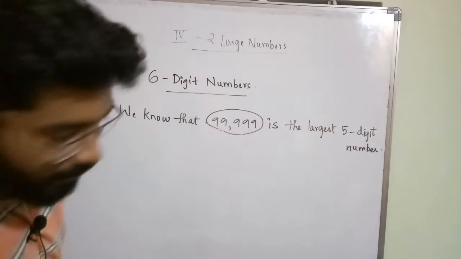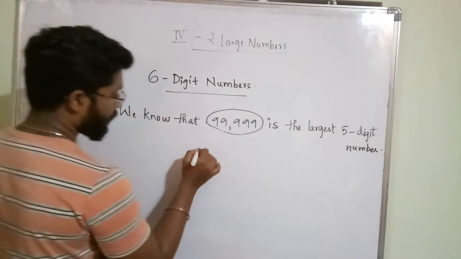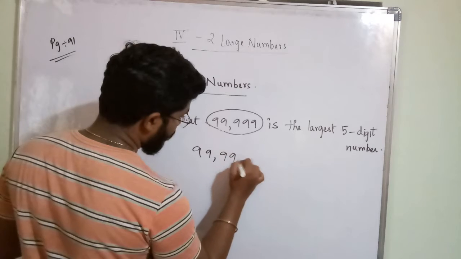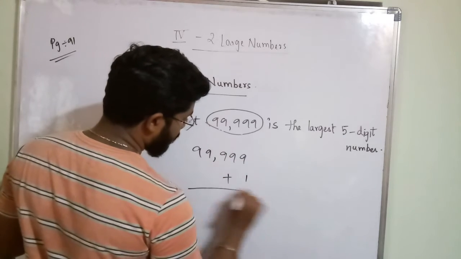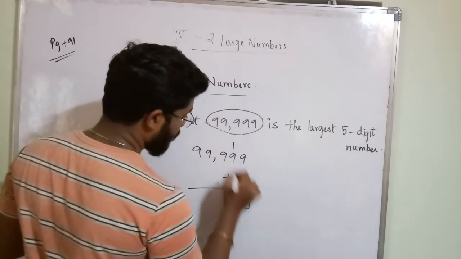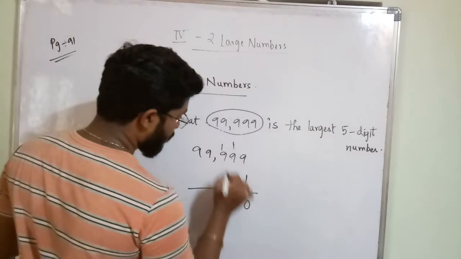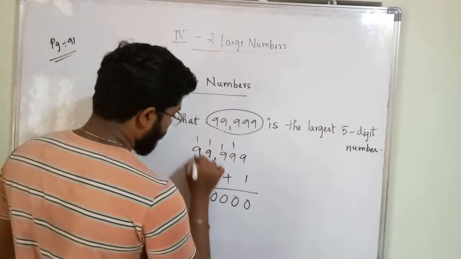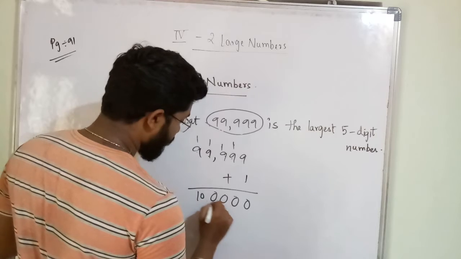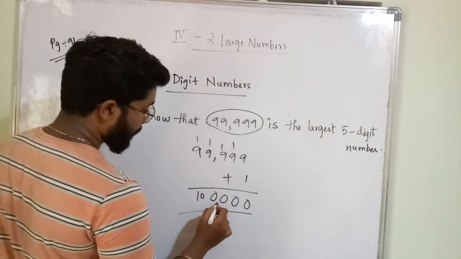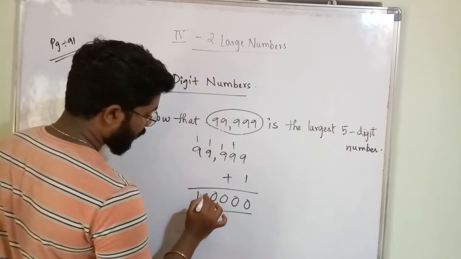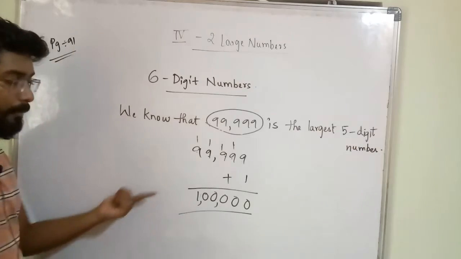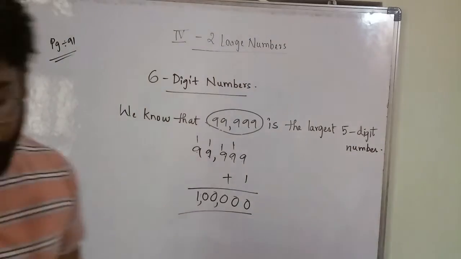So when we add 1 to this number, 9 plus 1, 10, in every place.